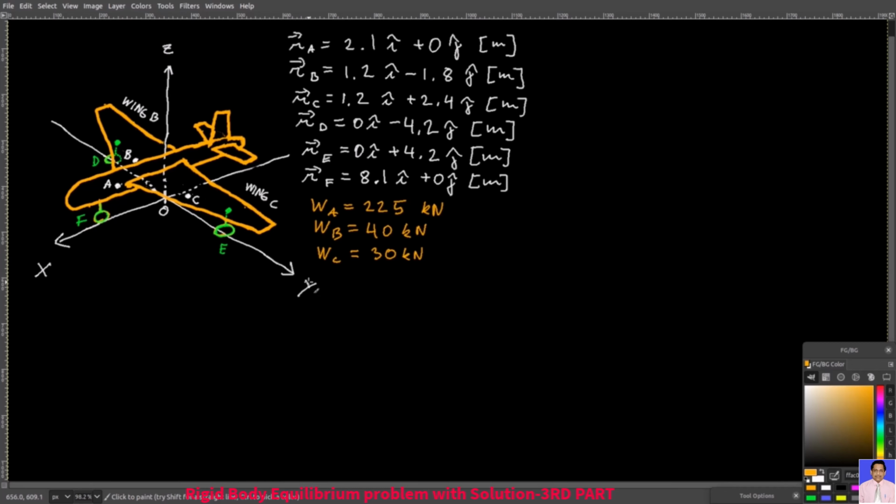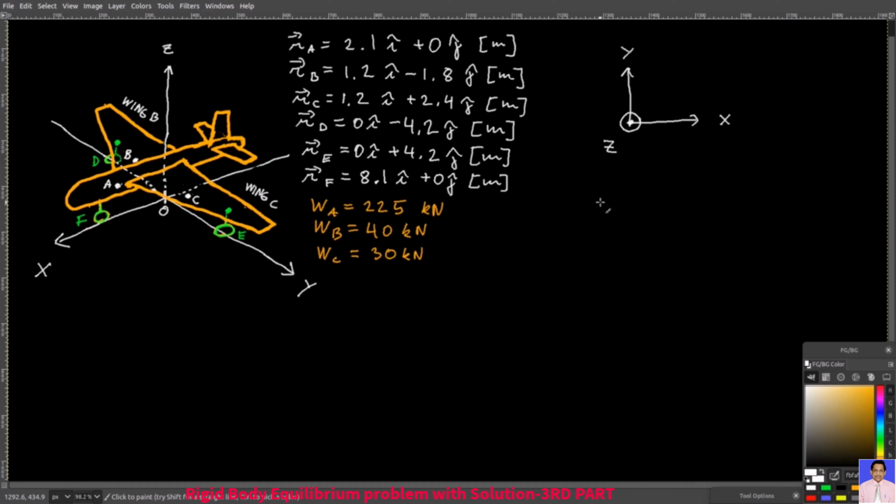Thank you. Welcome back. Let's now find the wheel reaction forces at points D, E, and F. We are now starting to deal with 3D rigid body equilibrium problems. In 2D, you had a 2D coordinate frame where essentially the z-axis pointed out of the screen towards you.